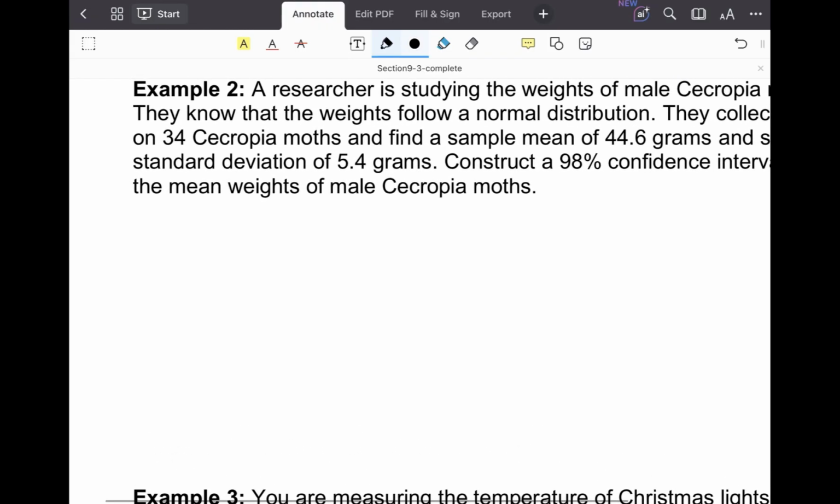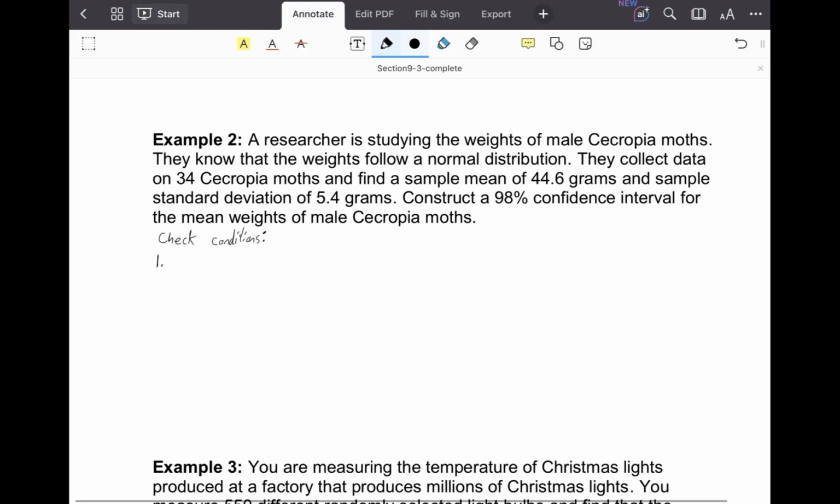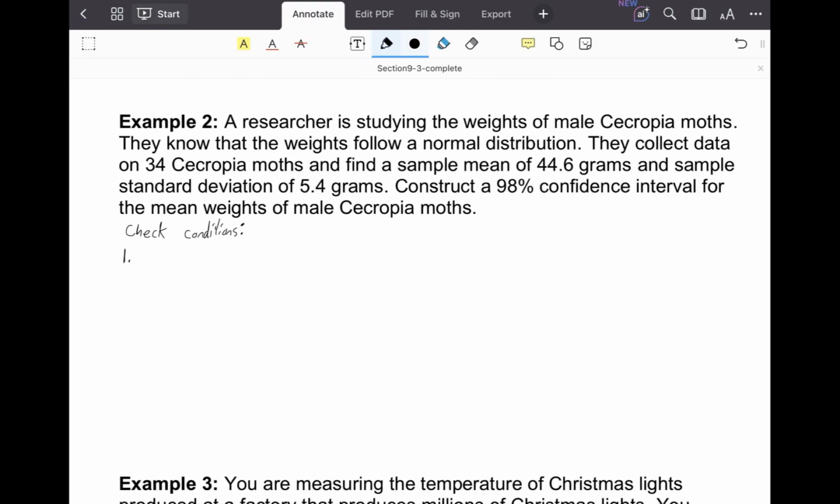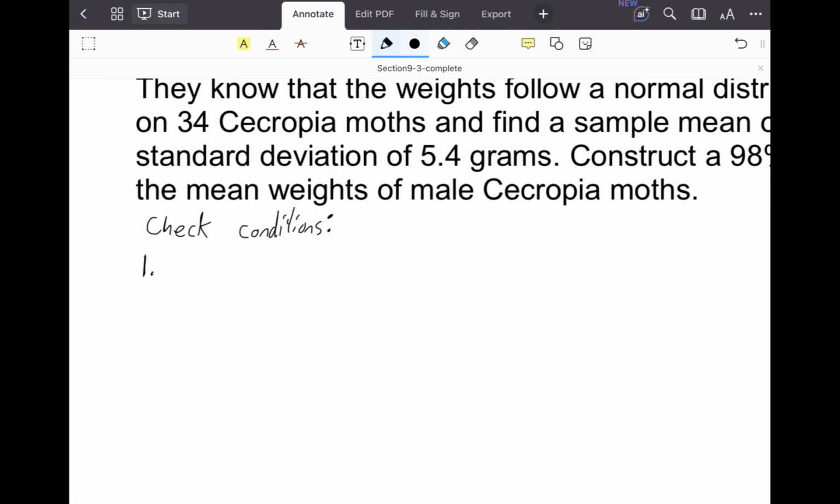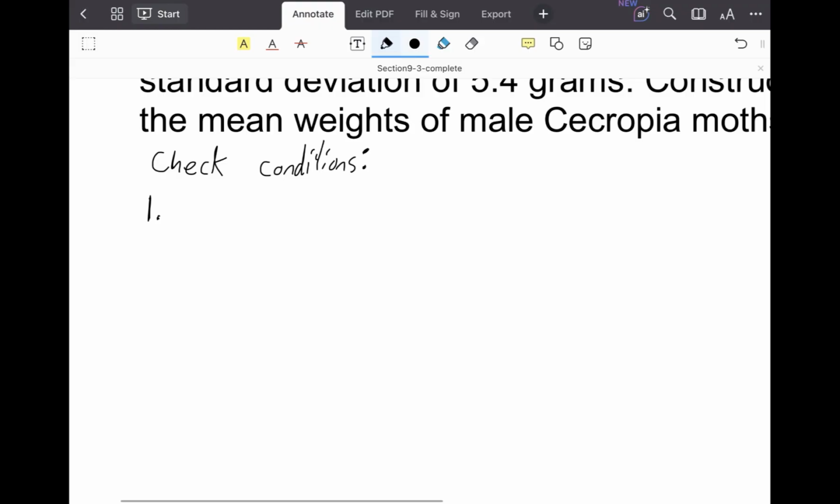So there are three different steps that we need to do for this. The first one is that we need to check the conditions. Okay, so the first one we remember, hopefully, is that random sampling was used. Now, it doesn't explicitly say it, but let's just assume random sampling was used.